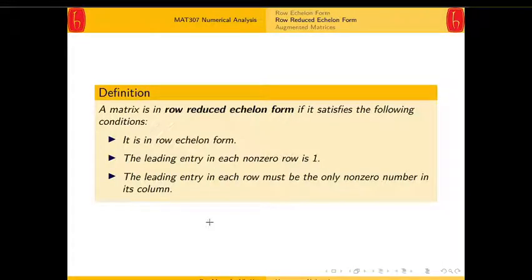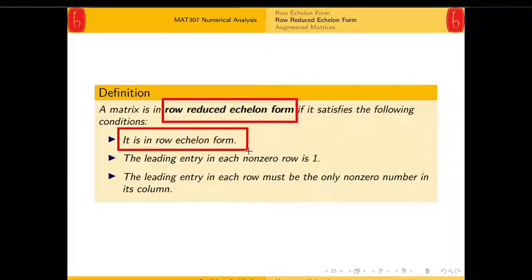Okay, some other definition. A matrix is in row reduced echelon form. We have seen row echelon form thus far, but here we also have row reduced echelon form, and the definition is quite different. The first condition says the matrix has to be in row echelon form.